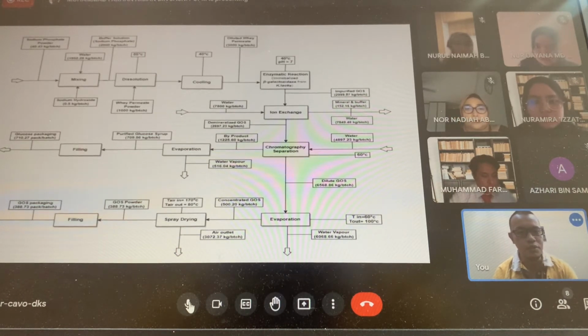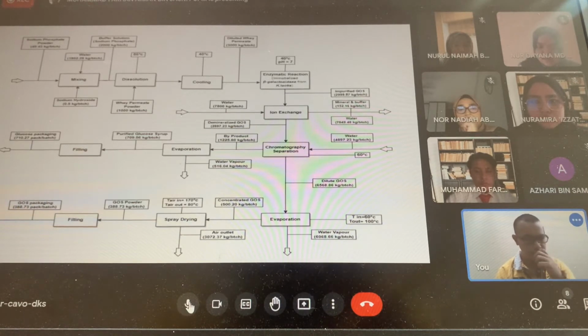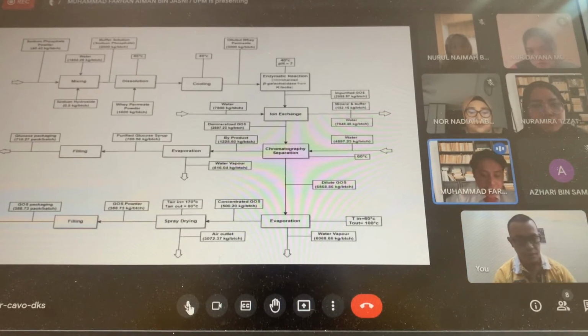So the enzyme is very important. It's the temperature and pressure for the reaction. Okay, so can I know in the reactor how long the process is and what reaction and enzyme are involved in the reactor? Can you explain?